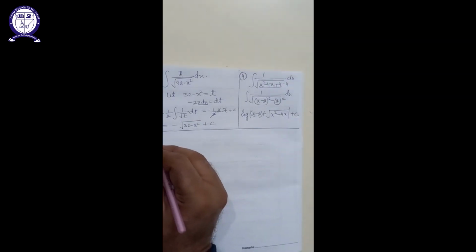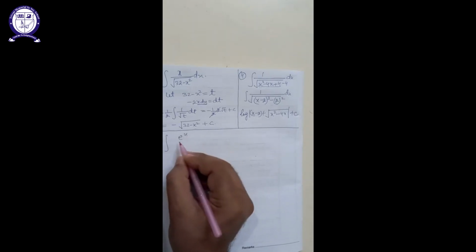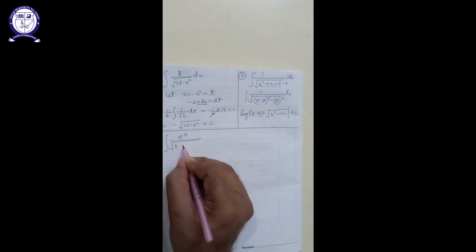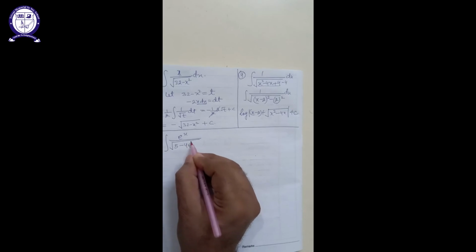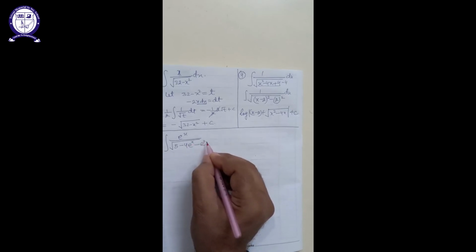This is the fourth question. And question number fifth: integration of e to the power x upon root 5 minus 4 e to the power x minus e to the power 2x.